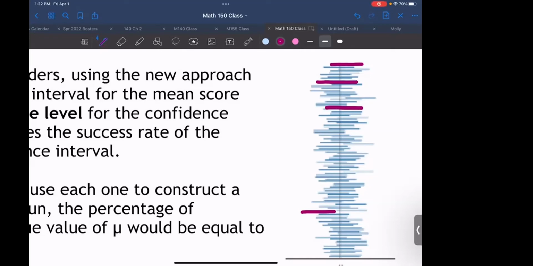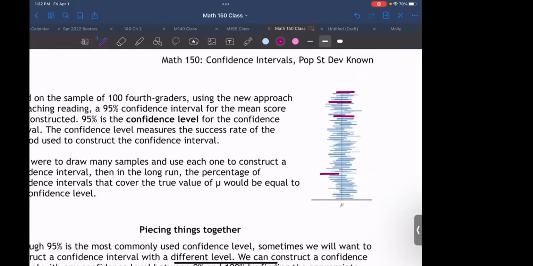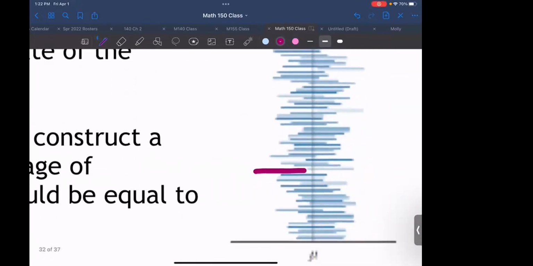Now, let's say a bunch of contestants played the game over and over again, and we had like 1 billion contestants, and they all played the same game. This would be all of their scores. What 95% confidence means is that 95% of them are going to win and 5% are going to lose. So this guy over here is part of the 5% of people who lost.